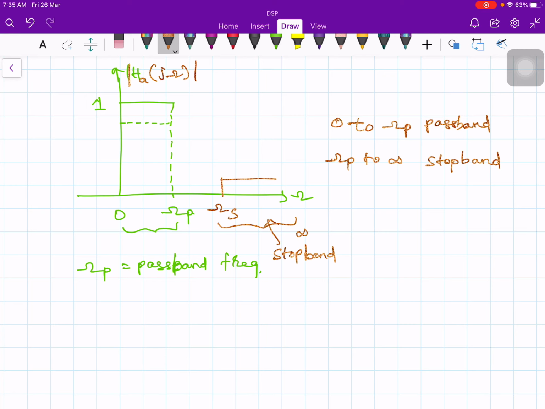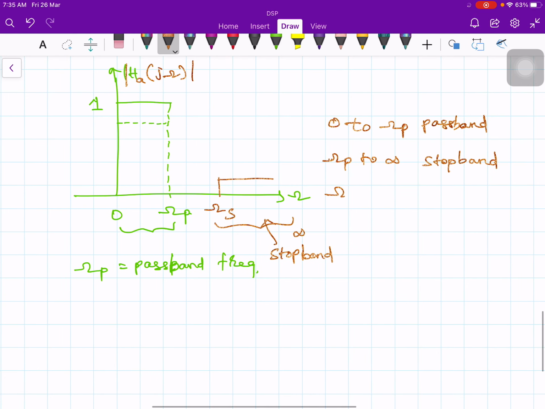And what about in between omega p and omega s? The difference between omega p and omega s is the transition band. So if you are designing a filter, this transition band should be as low as possible.